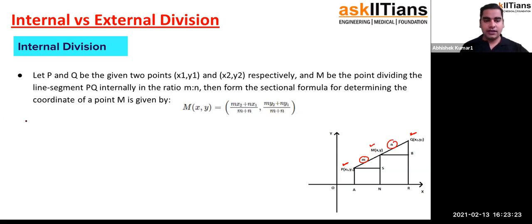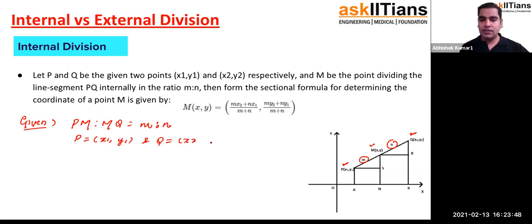So here we are given that the ratio of PM ratio MQ equals M ratio N. And apart from this, you are also provided the coordinates of point P, which are x1, y1, and the coordinates of point Q, which are x2, y2.